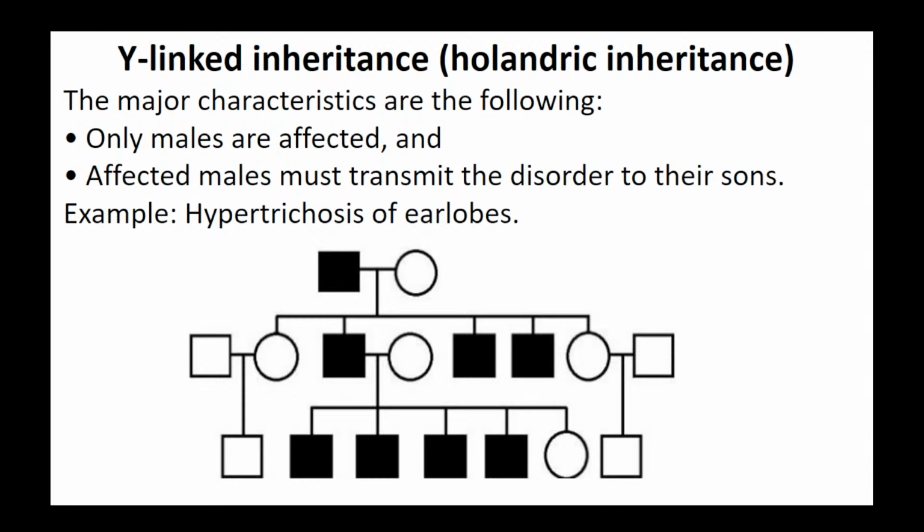We can find the characteristic in each generation. The affected males directly transfer this disorder to their sons, and sons transfer it to their sons and to other sons. An example of Y-linked inheritance is hypertrichosis of the ears.